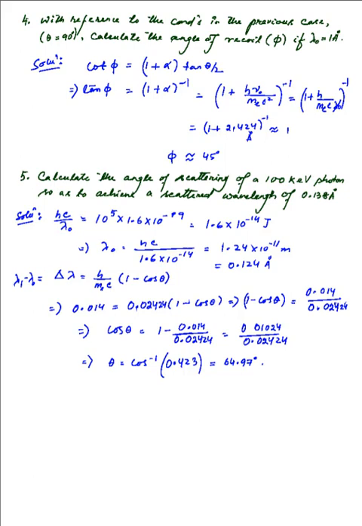The term in the bracket has 1 plus alpha. Now alpha is h nu naught over mec squared, and if you look at it, one of the c's out of that c squared, nu naught over that c, is simply going to give us a lambda naught in the denominator, and lambda naught is the wavelength of the incident photon, which is given to be 1 angstrom unit.